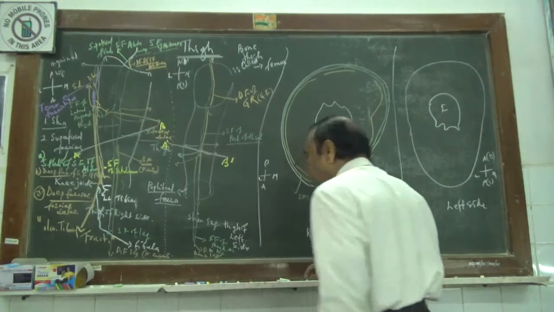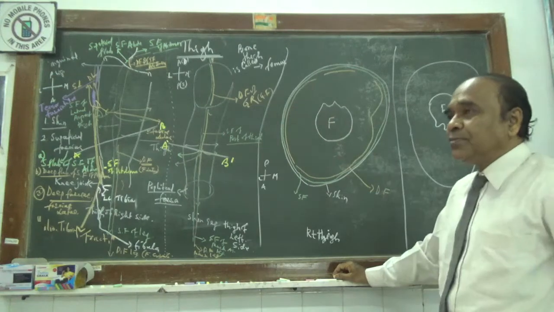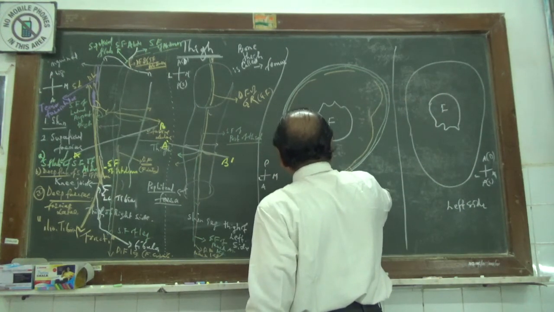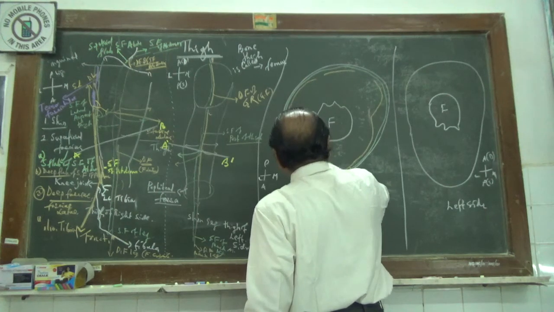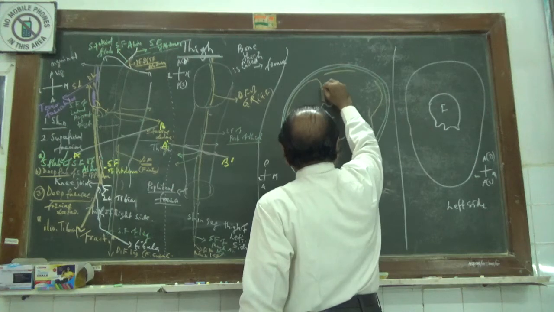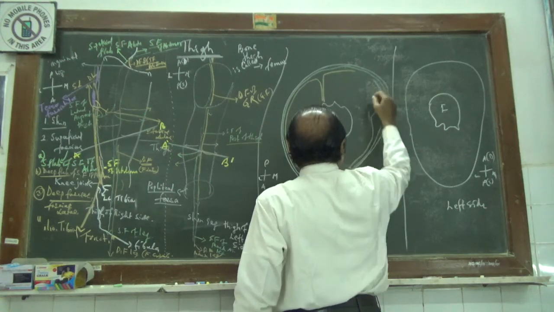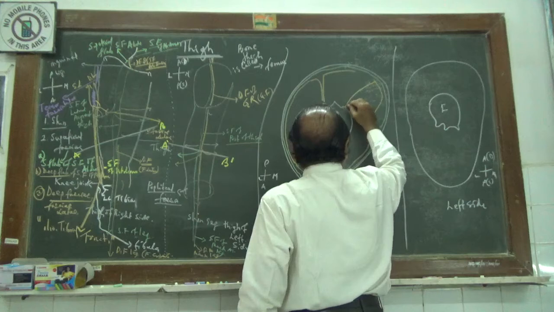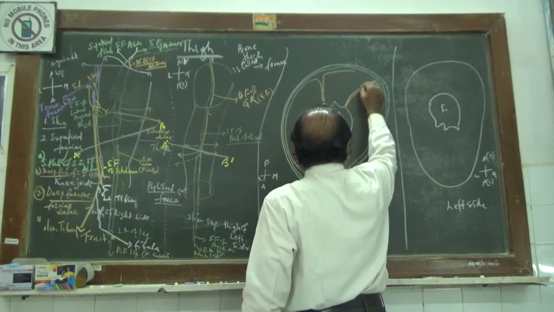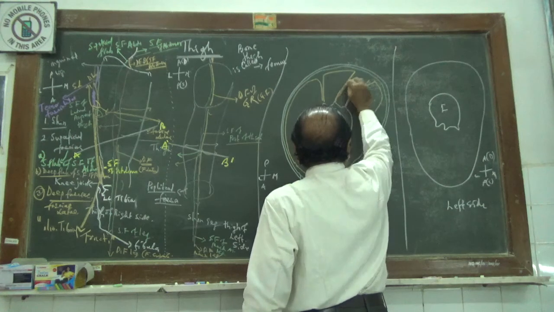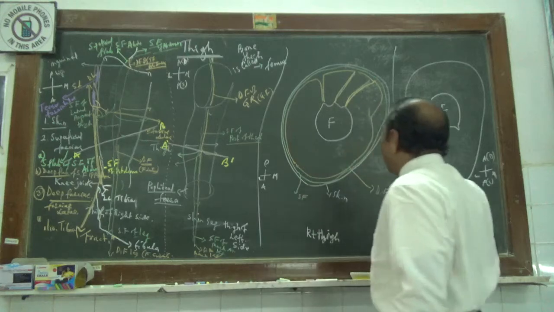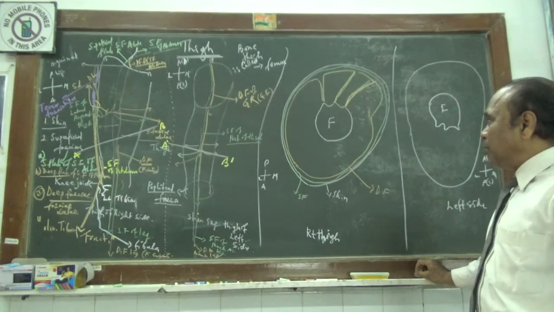Now this fascia, which you have already finished, will run in between the muscles, giving rise to some compartments.